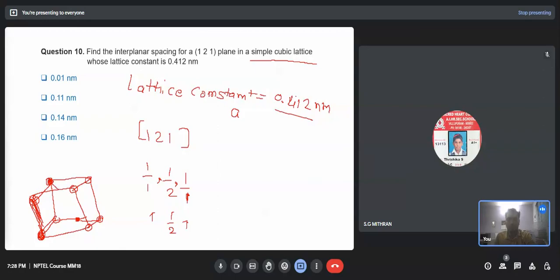So the plane will be this one. Okay, this plane.